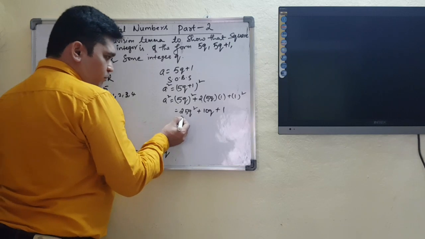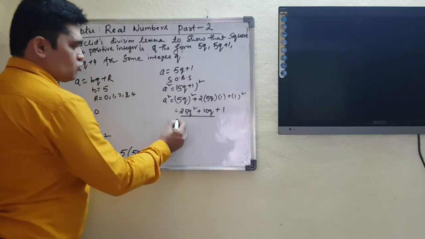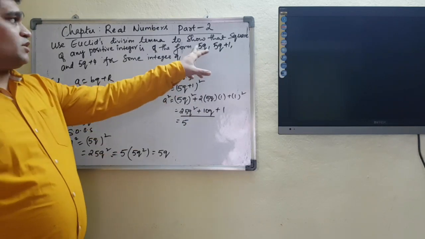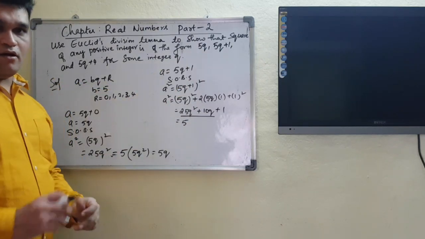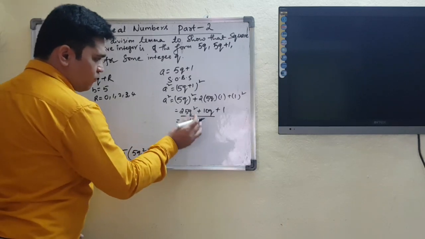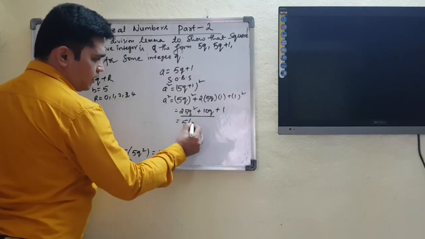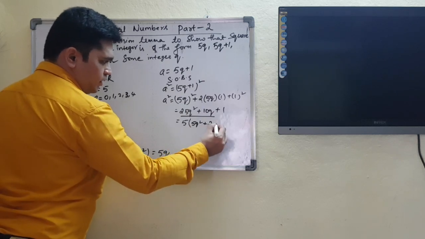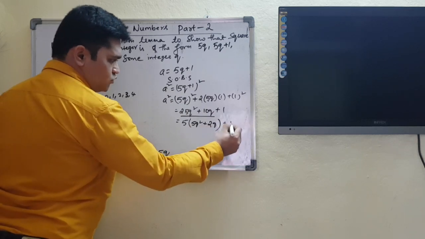We have some common between 25 and 10. So if I consider 5 as the common term, why? The reason behind it is nothing but we need to get 5 as the divisor. So 5, if you take common from these two, it will be 5q square plus 5 twos are 10, q is left, plus 1.